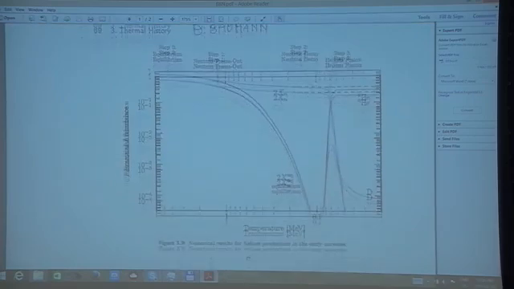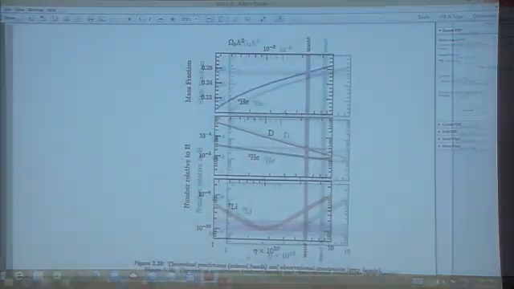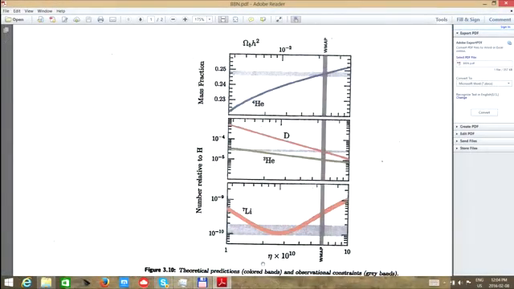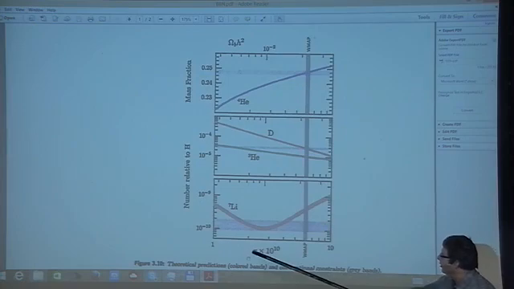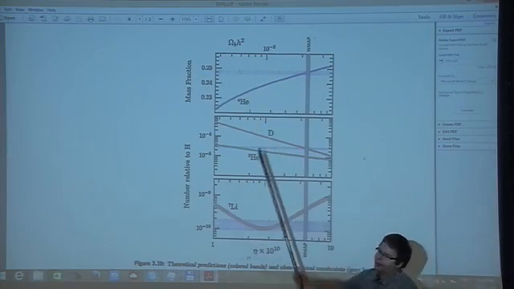Now this picture is quite interesting. Here is this parameter eta times 10 to the 10, and here is the abundance of various elements.